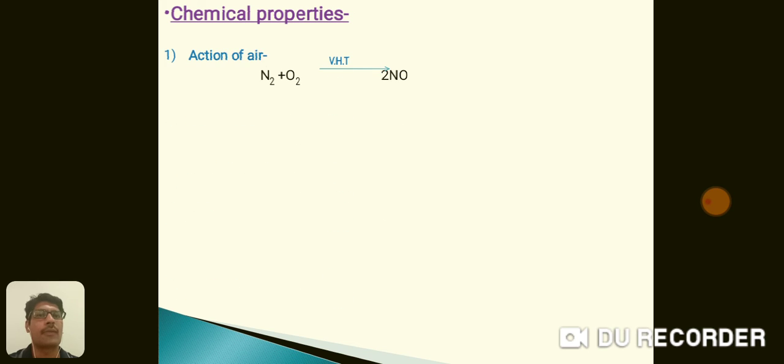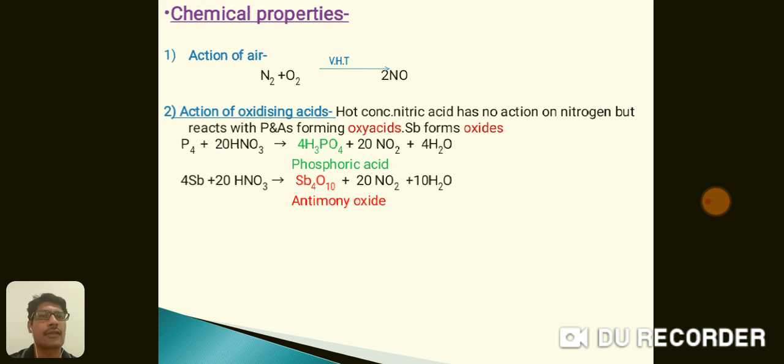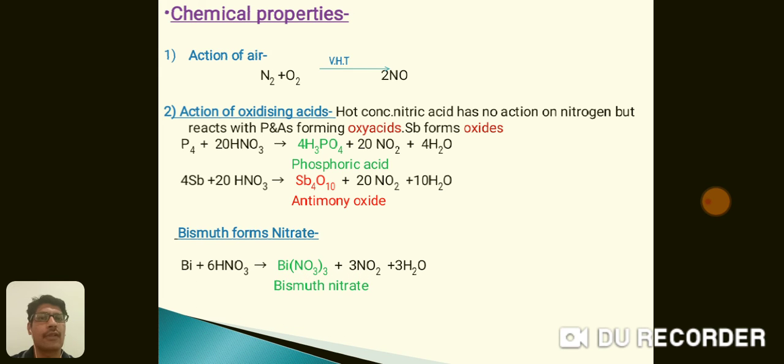Now the chemical properties. With air it gives nitrogen oxide. Action of acids. HNO3 with phosphorus gives phosphoric acid, antimony gives oxide, whereas bismuth gives nitrate. It means that phosphorus, antimony and bismuth show different chemical trends.